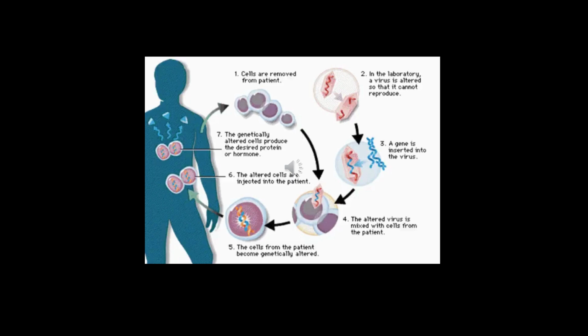Now the cells from the patient become genetically altered. We collect the cells which are already diseased or affected, and as we mix this viral altered gene with them, the disease cells of the patient also get altered.